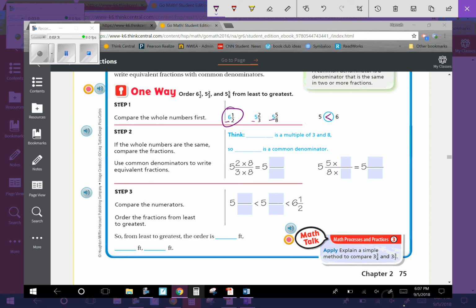Now we go on to step 2, because I still have 2 numbers here that I'm not sure if 2/3 or 5/8 is greater, because they don't have common denominators or numerators at the moment. Step 2 is if the whole numbers are the same, compare the fractions. So 5 2/3 and 5 5/8 both have 5 as the whole number.